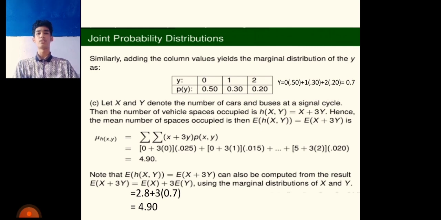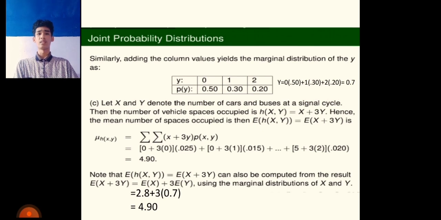So, solution C. Let x and y denote the number of cars and buses at a signal cycle. The number of vehicle spaces occupied is h of x and y equals x plus 3y. Hence, the mean number of spaces occupied is E of h of x and y equals E of x plus 3y, which is the summation of x plus 3y times the probability of x and y.